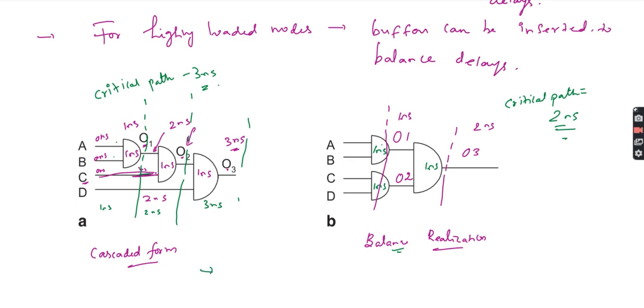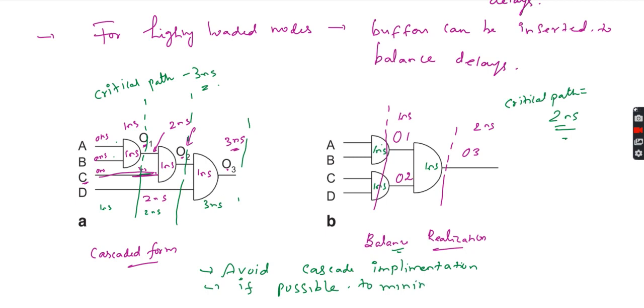So that is why I can say avoid cascade implementation if possible to minimize the glitching power.